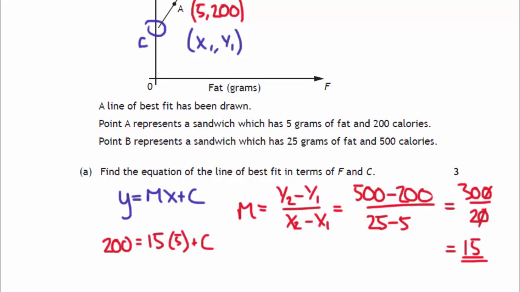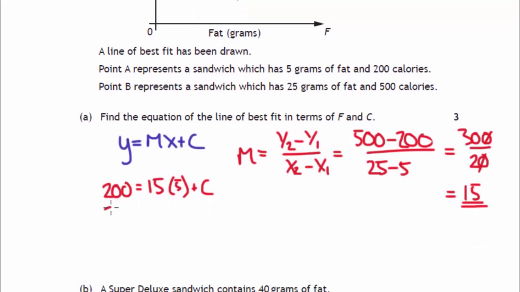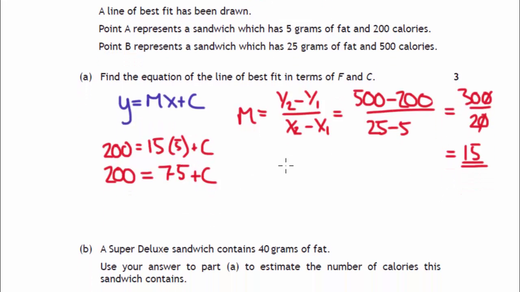Okay, so what we now have is we can now say 200 equals 75 plus c. Okay, so what do you add to 75 to get to 200? So we can now say, if we take 75 away from each, c is equal to 125.